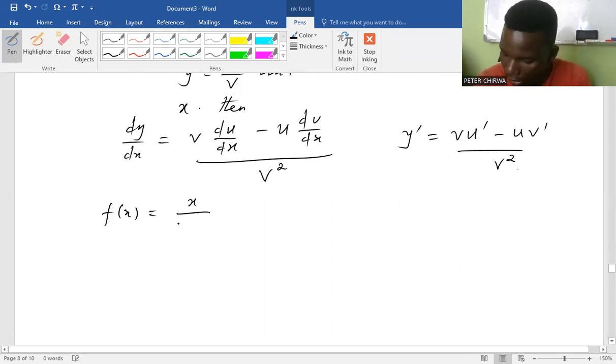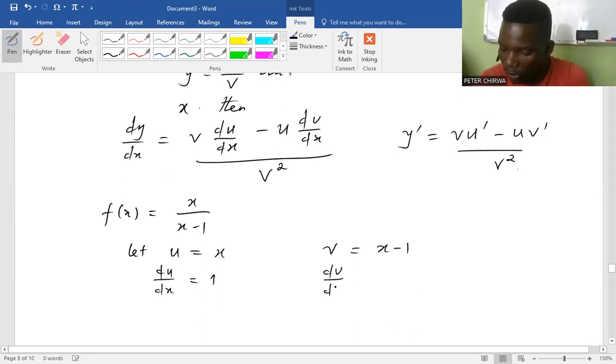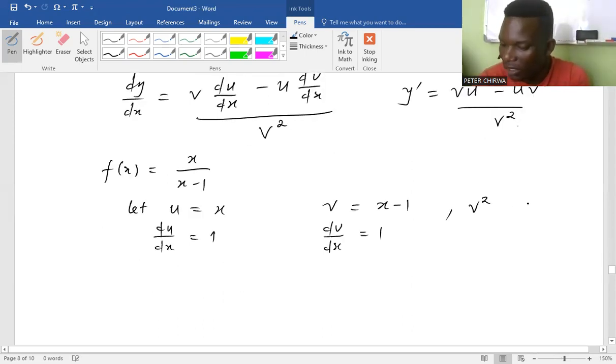Let's say y is equal to x over x minus 1. How do we find the derivative? We let u be equal to x and v equal to x minus 1. The change in u with respect to x is 1, and the change in v with respect to x is 1. Also, we must have v squared, x minus 1 squared.